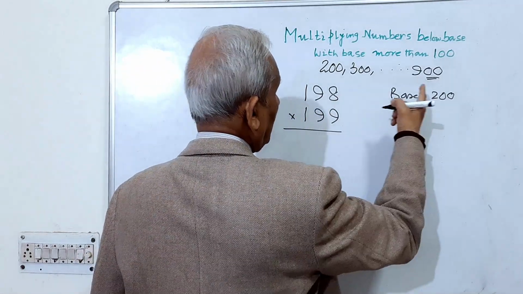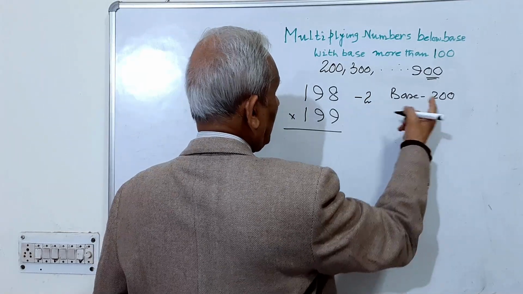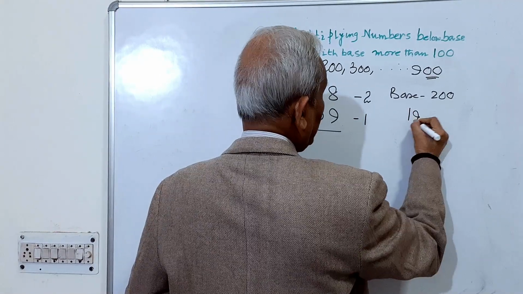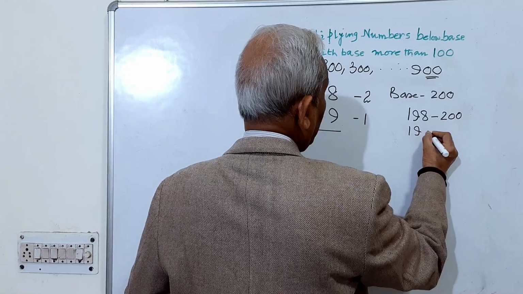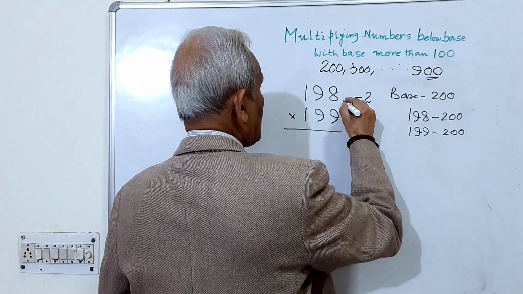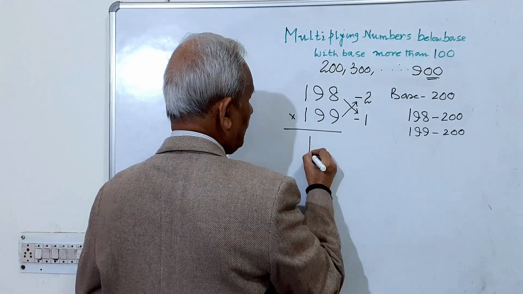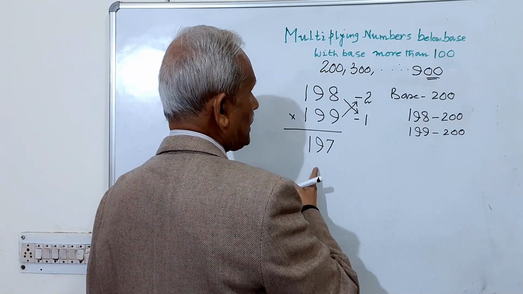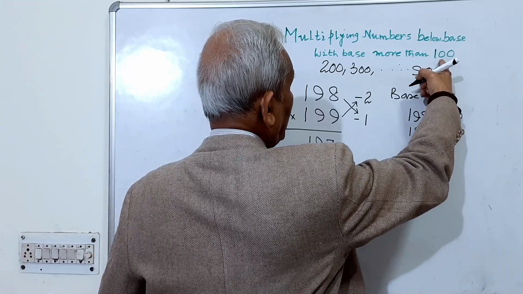Now 198 minus 200 is minus 2 and 199 minus 200 is minus 1. How do you get it? Just find out like this. Now you do cross subtraction, we get 197.